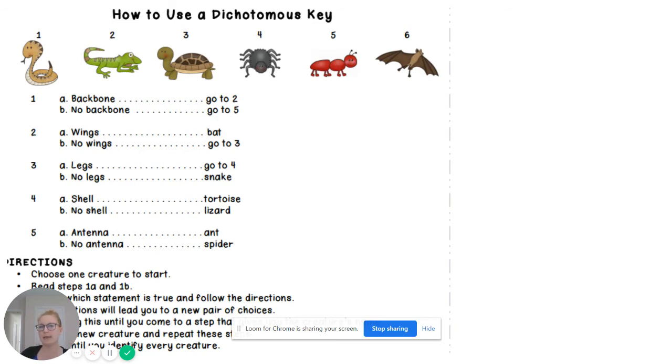So I'm not saying it lives in the water, or it doesn't live in the water. The reason I wouldn't want to use that is because some of these, it might not be very clear. Imagine that all you have to work with is the photograph. If that's the case, I really don't want to put anything that might be confusing to someone using it, because I want to use it as a tool. I want it to be pretty easy to use. So hopefully that makes sense.